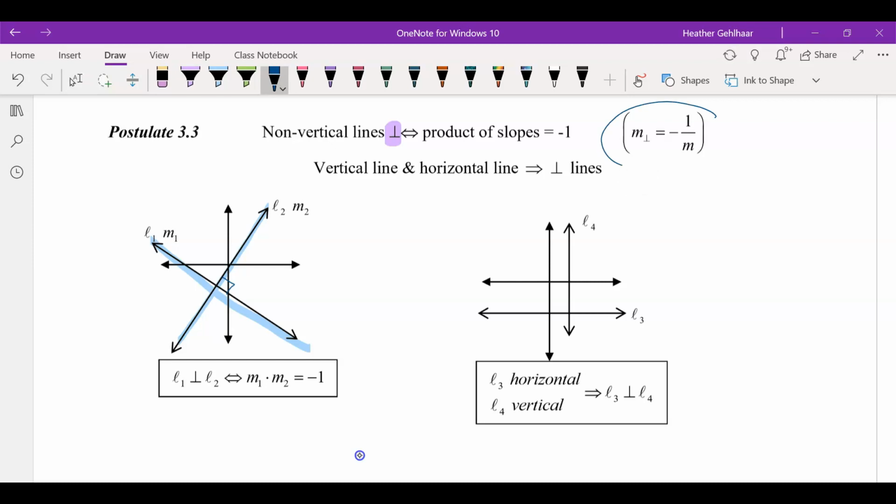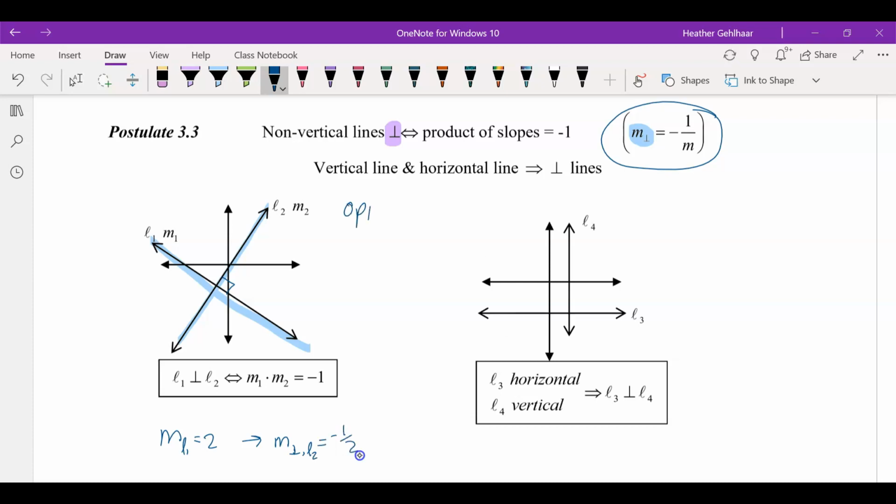Okay, so opposite reciprocals. As you can see here, the notation for perpendicular slope is m, and then there's a little t down at the bottom. So the reciprocal of our slope will be the opposite. So let's say our slope here for line 1 is 2. The perpendicular slope for line 2 would be -1/2.